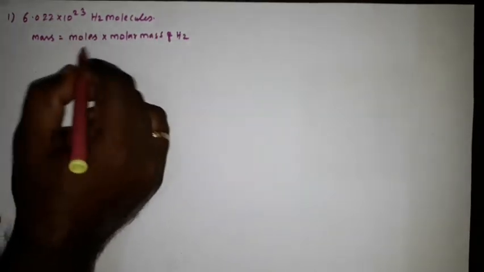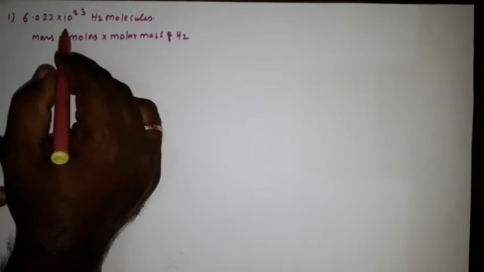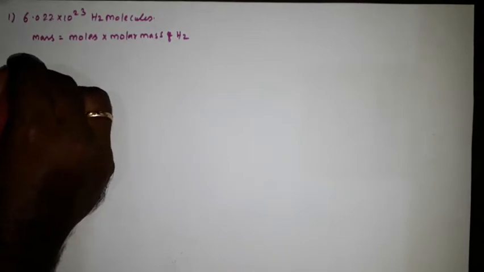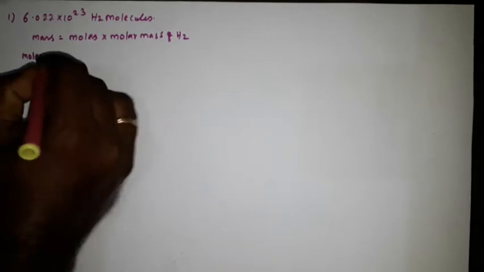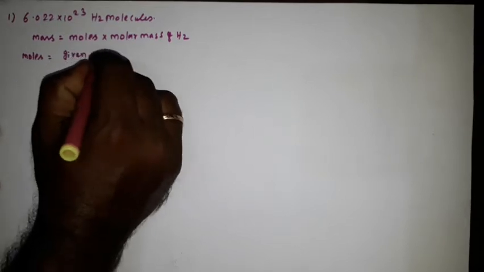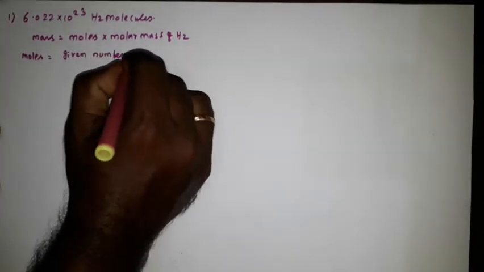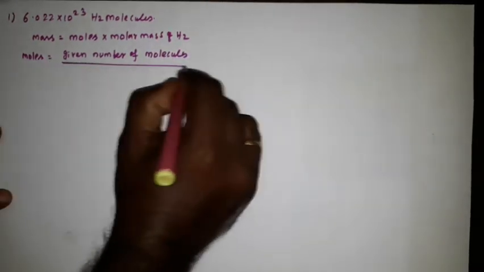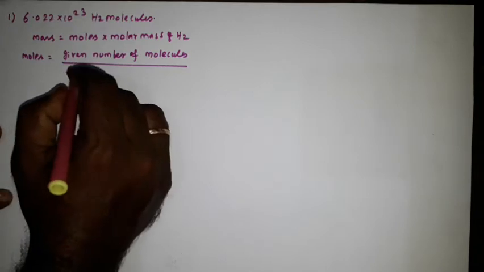So we have to calculate the number of moles. Here the number of moles is not given. To calculate the number of moles, the formula is moles equal the given number of molecules divided by Avogadro's number.